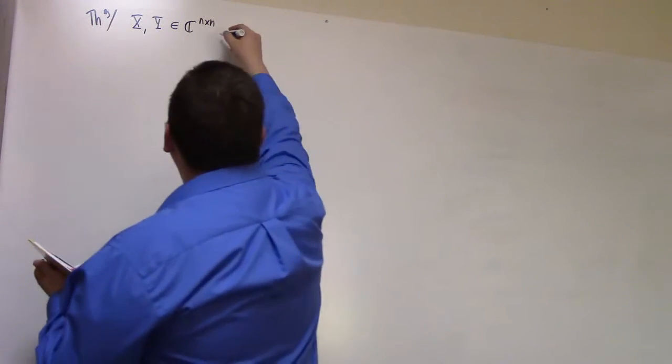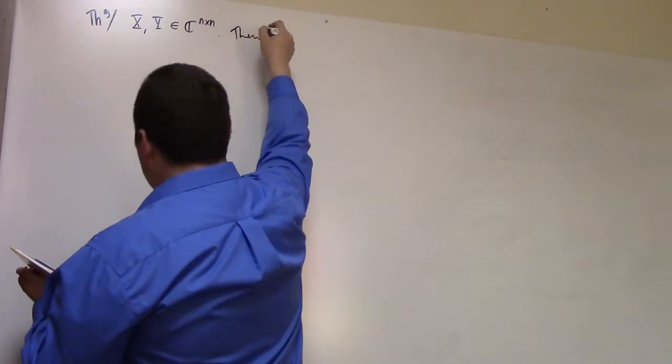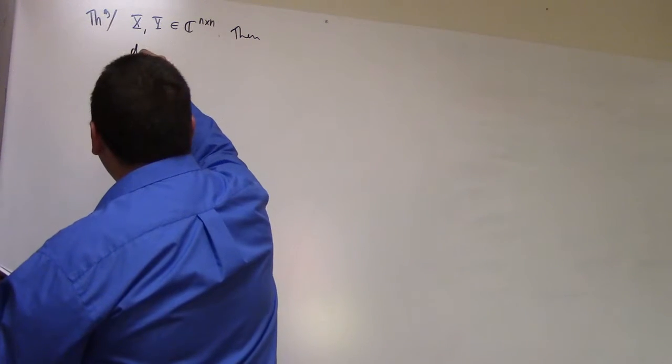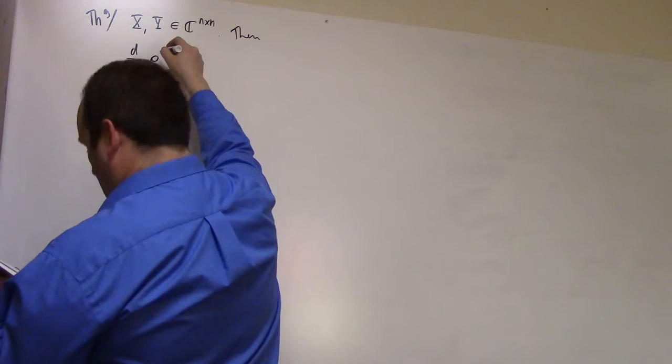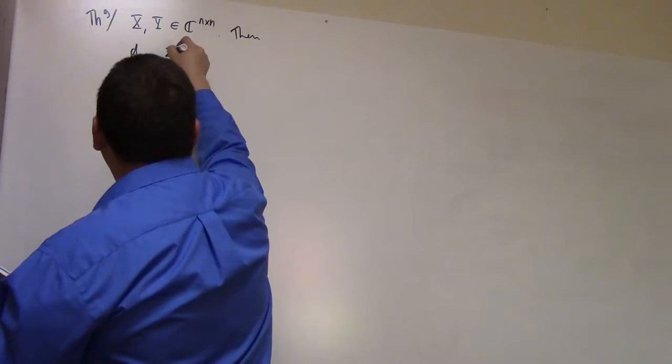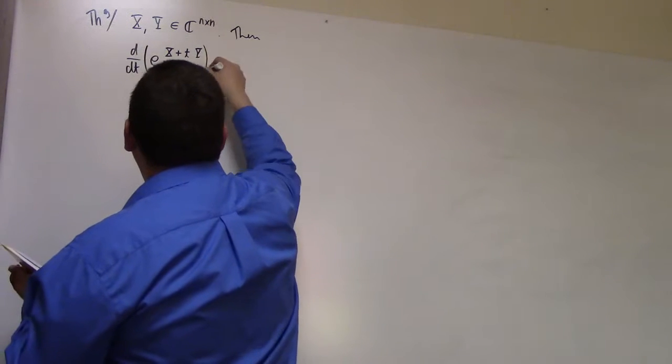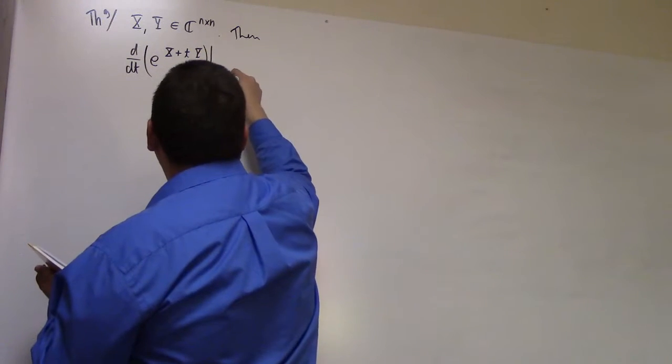Then d/dt of the matrix exponential of x plus ty. Take that derivative, and after it's done, put t equals 0.